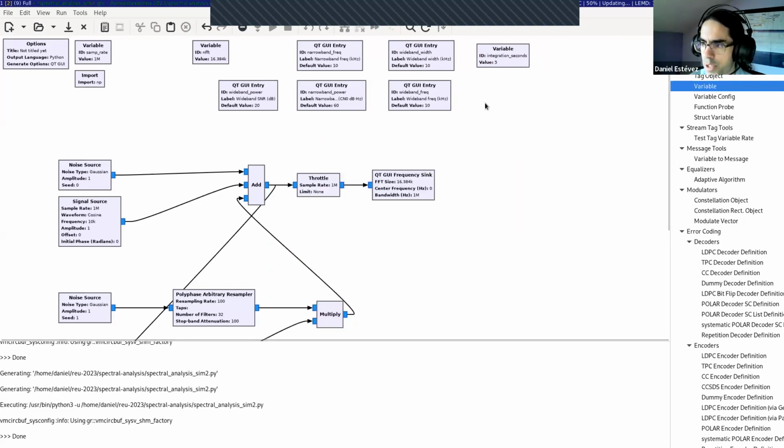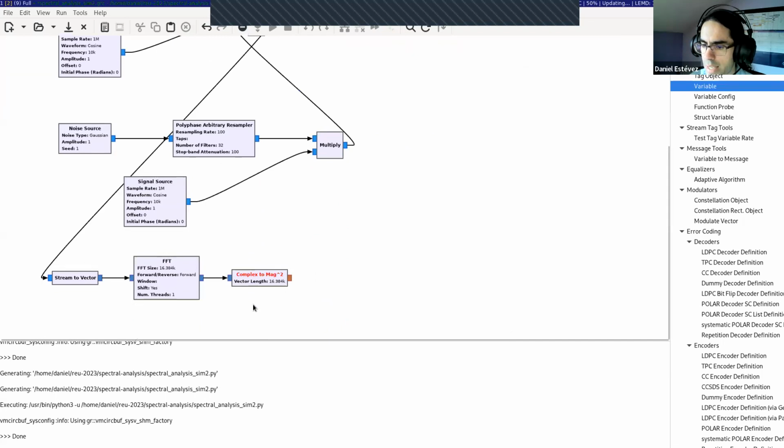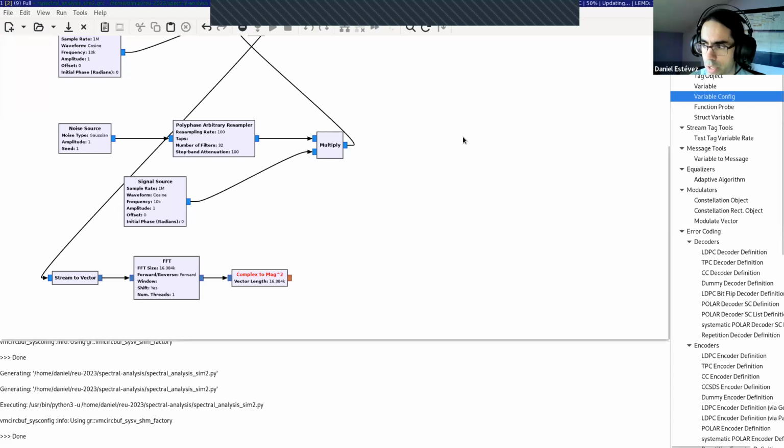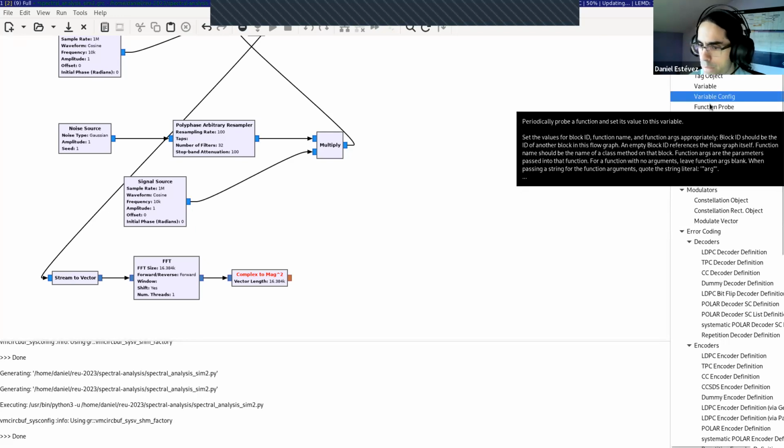That means that every 5 seconds, we will be adding all of the FFTs that have been produced within those 5 seconds and producing a single output, which is the sum of all of those FFTs. That has the advantage that we are averaging out a lot the noise, so we increase our sensitivity. That has the disadvantage that we need to wait for 5 seconds to see something on the screen.